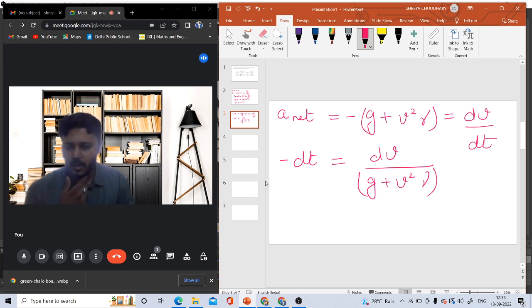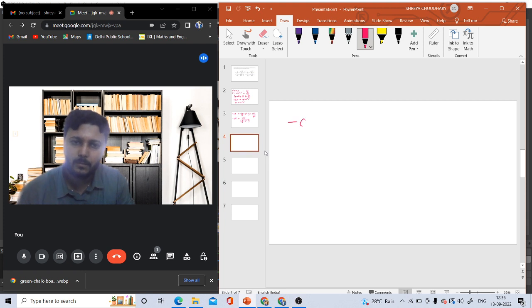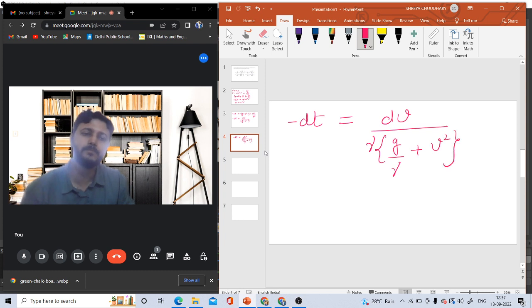Now we need to solve this equation. Since gamma is constant, we can take gamma as common. So minus dt will be equal to dv upon gamma times (g upon gamma plus v square).